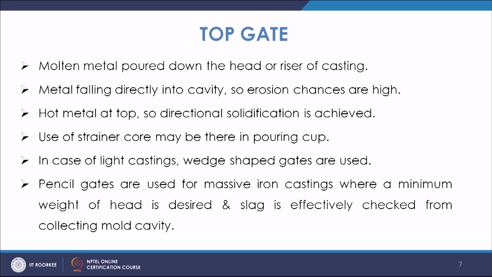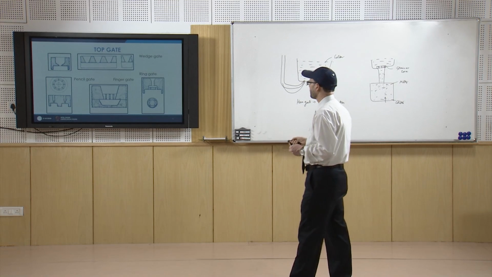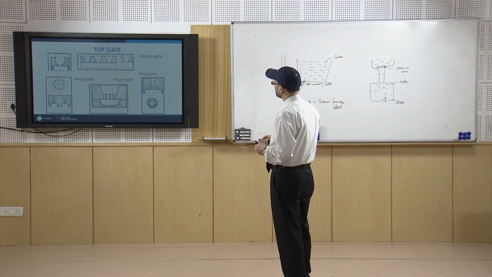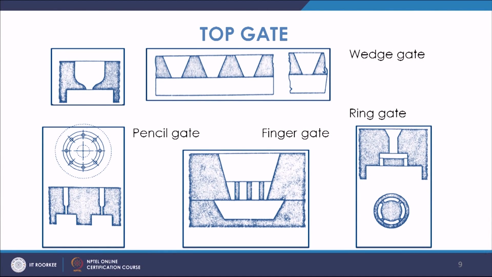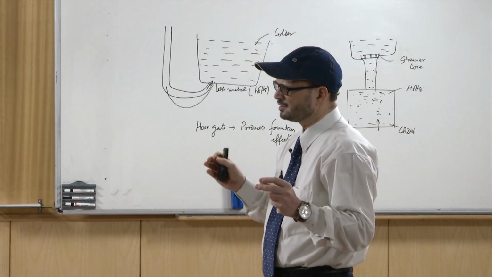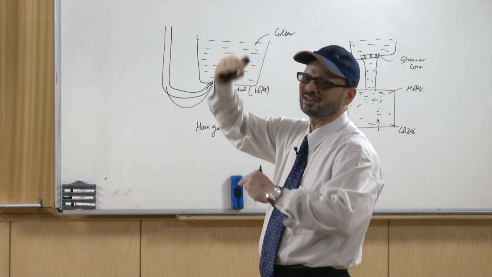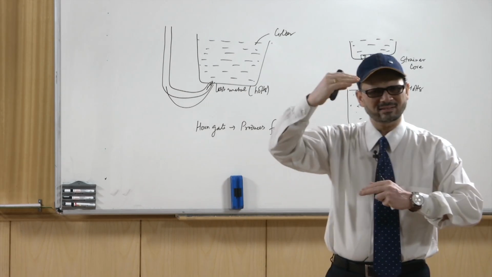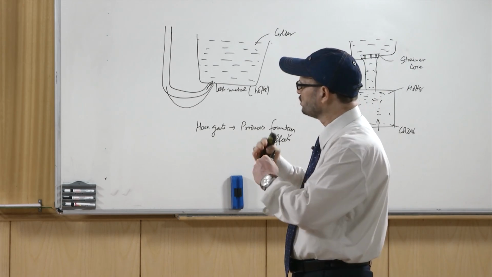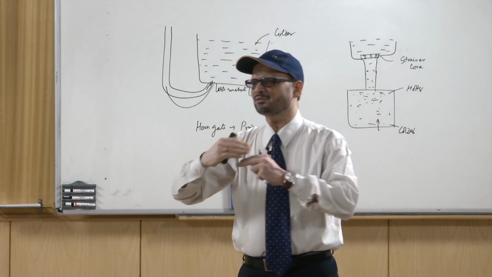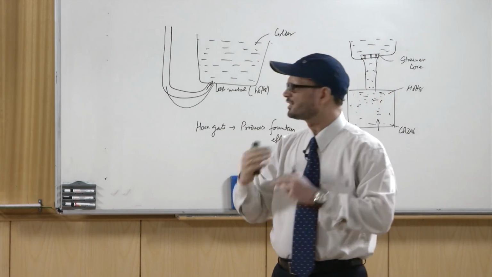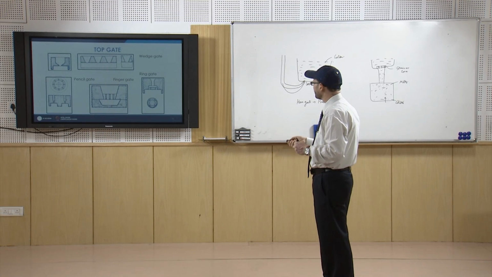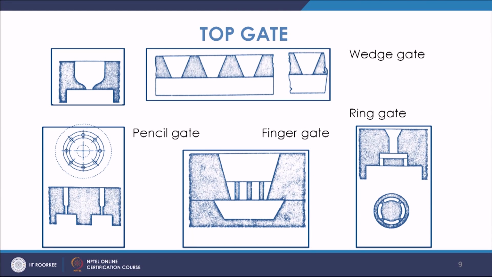If you look at this pencil gate here, if you have a very large casting, then either you have to maintain a very large head, or, if you have a smaller head, the metal has to enter through a very small opening.